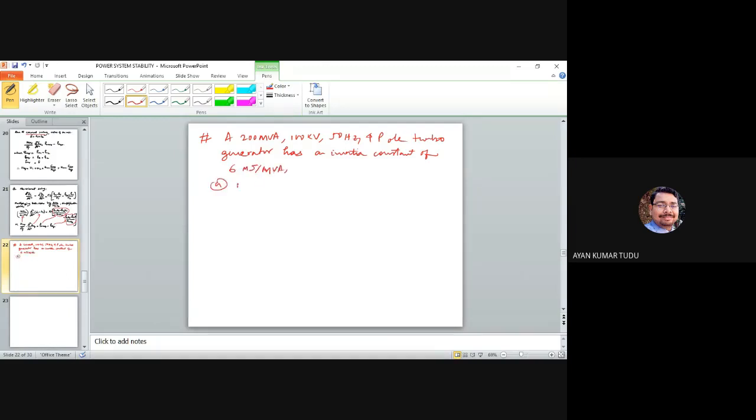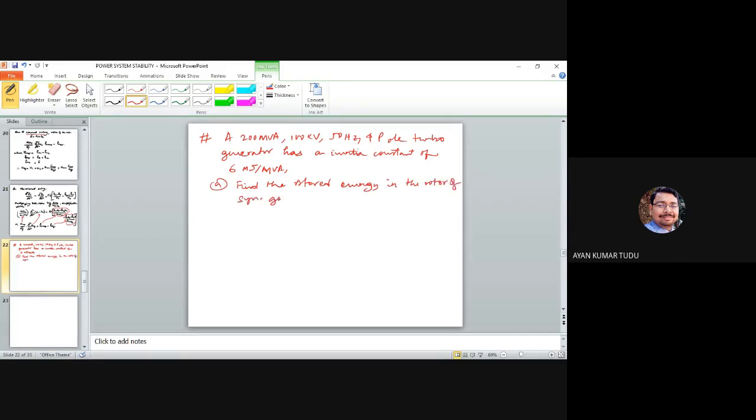First of all, find the stored energy in the rotor of the synchronous generator.